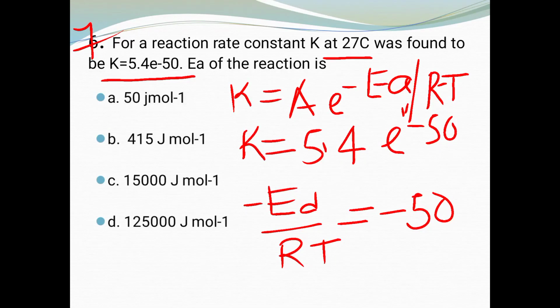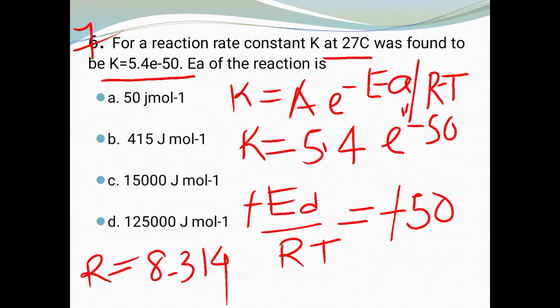So to find EA, the minus sign will go, and then you have to multiply 50 by R and T. And here the R was given to be 8.314 normally. If it's not specified, you're supposed to take this one and then find out. Your correct answer appears to be D, which is this one.